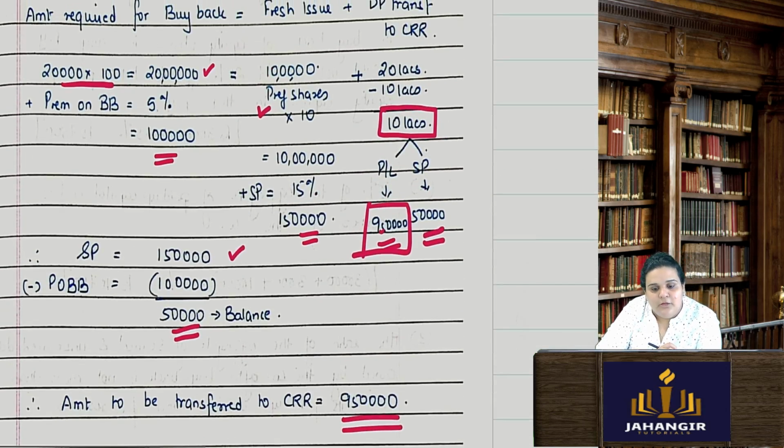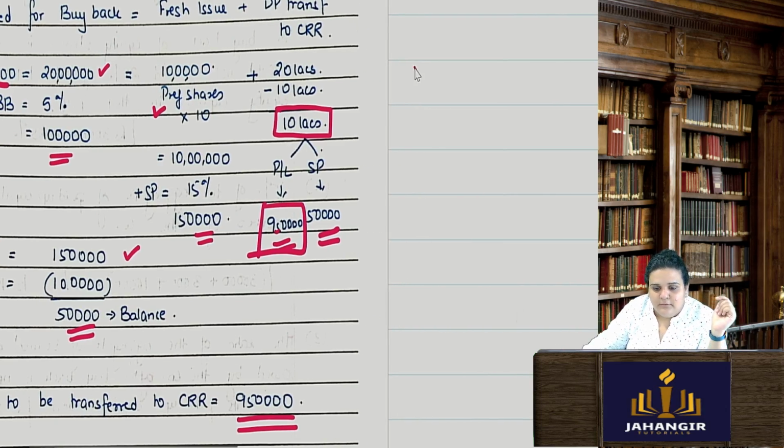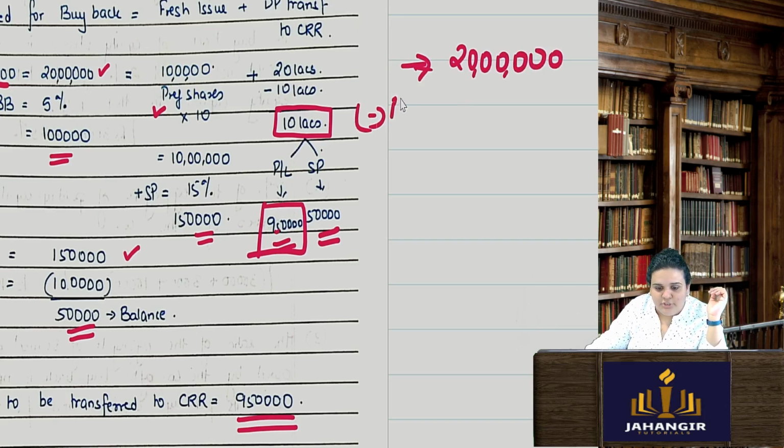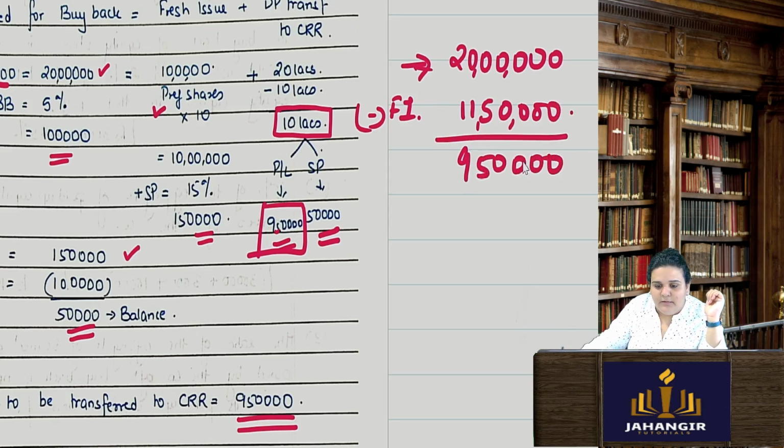Okay. You can directly do it like this also, like how we did in the previous sum. Nominal value to be bought back is 20 lakhs. Nominal value of buyback minus fresh issue. In fresh issue I am going to get 10 lakhs plus 1,50,000, no? So it will be 11,50,000. So this will come to 9,50,000 DP transferred to CRR.